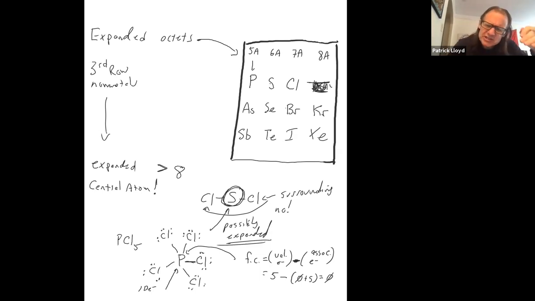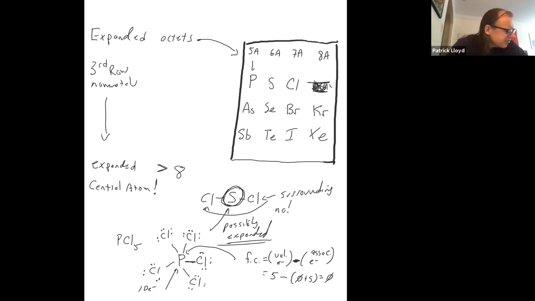And remember what we said yesterday, the closer the formal charge is to 0, the better. So in PCl5, there doesn't appear to be any other way that you could draw the Lewis structure. You've got to have 5 bonds. So you've got 10 electrons around the phosphorus, but guess what? That gives it a formal charge of 0.